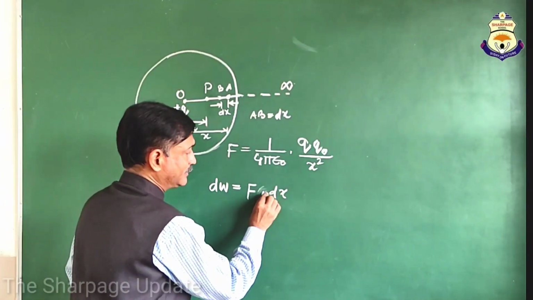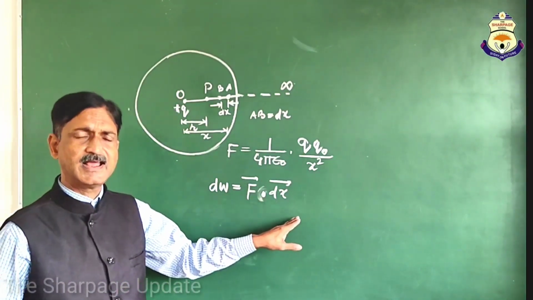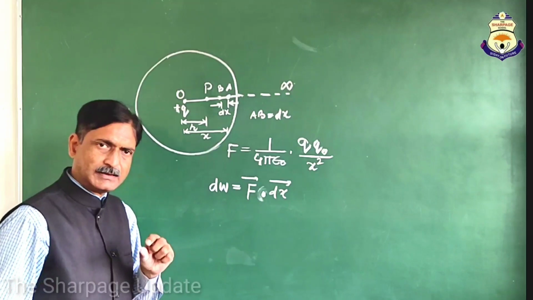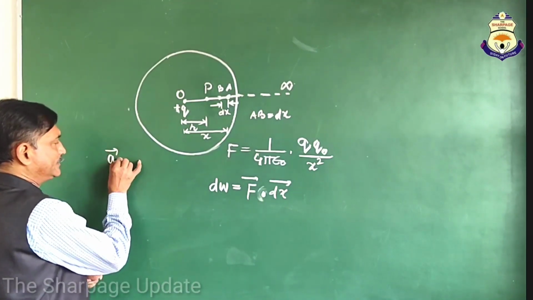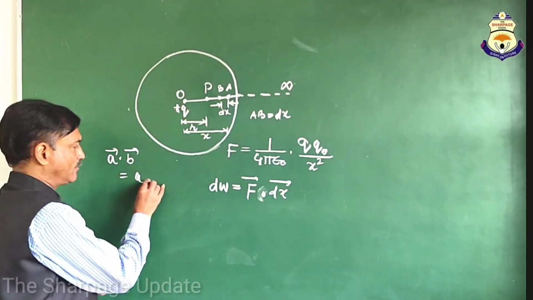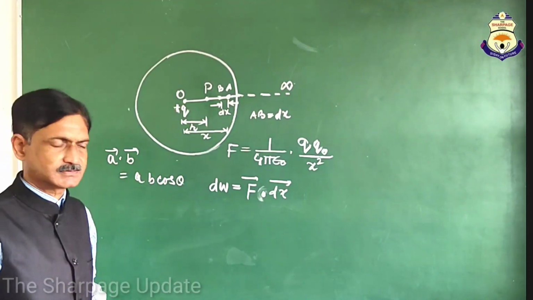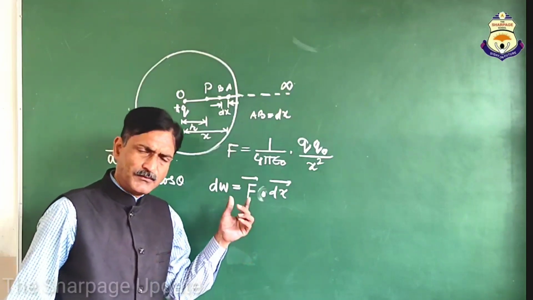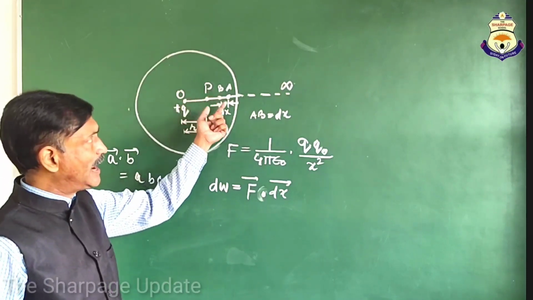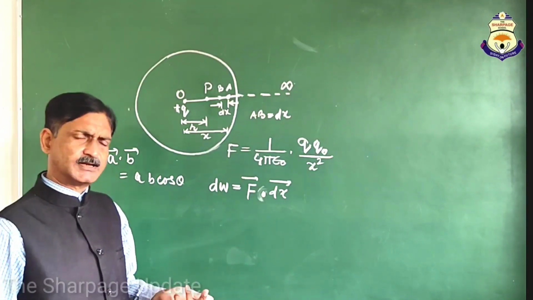So, here I am using the dot product, that is, force dot dx, a scalar product. And as we know, the scalar product of two vectors A dot B can be written as modulus of vector A, modulus of vector B into cos theta, where theta is the angle between these two vectors. In this case, the force F between the plus Q charge and the unit positive test charge will be a repulsive force because both are positive charges.